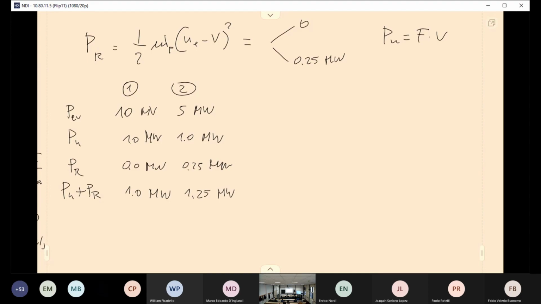The propellant mass, we say that is 100 kilograms and 50 kilograms in the two cases.